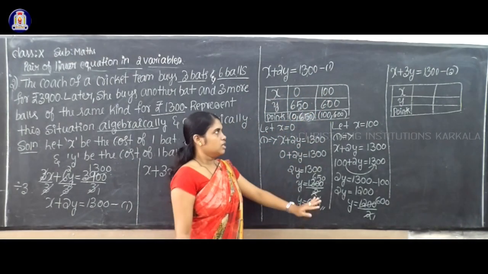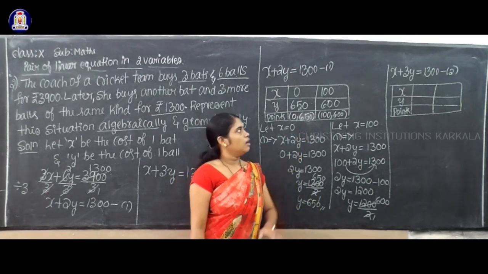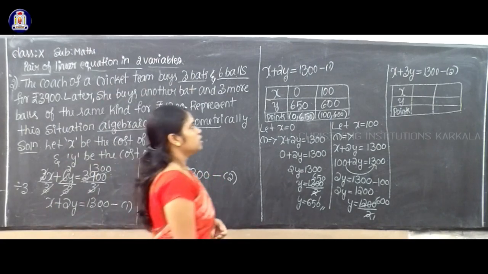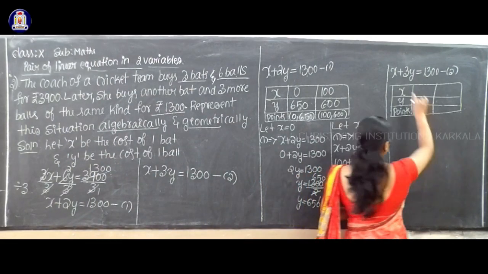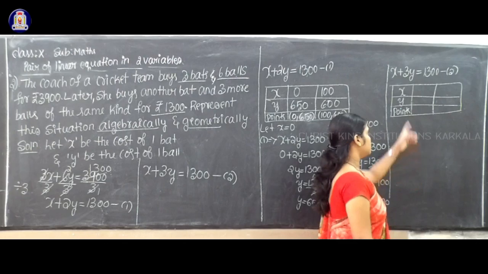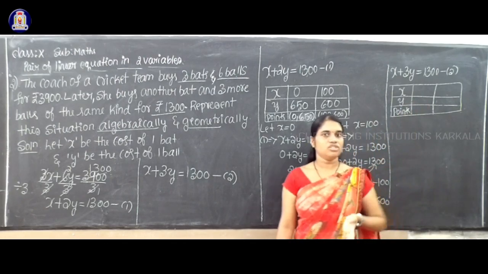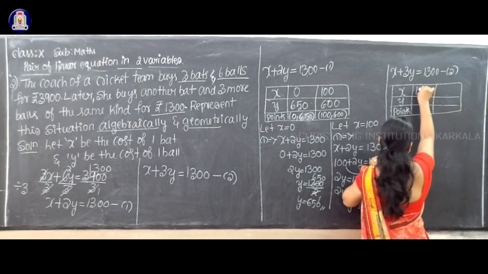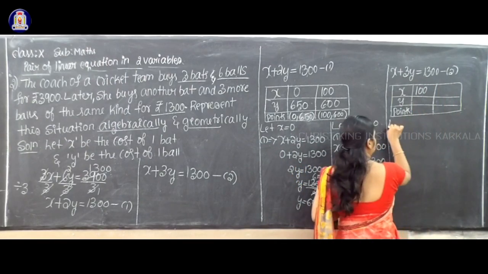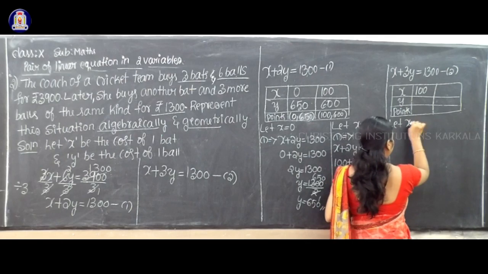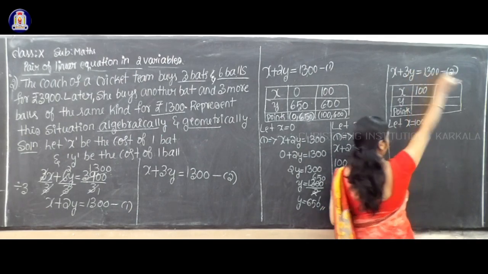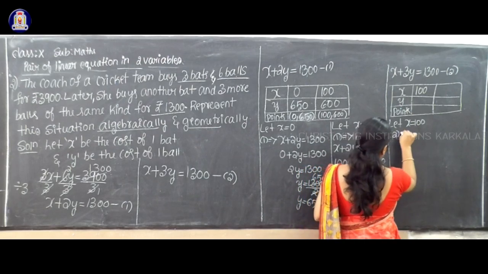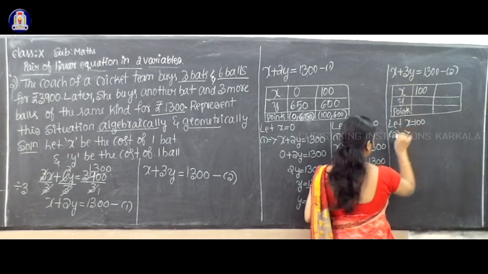Next, in the same way, we will take the points for equation number 2. If you take x equal to 0, then the y value will be a fraction, so I will not take x equal to 0. I will take x equal to 100. So let x be equal to 100. Then what about equation 2?